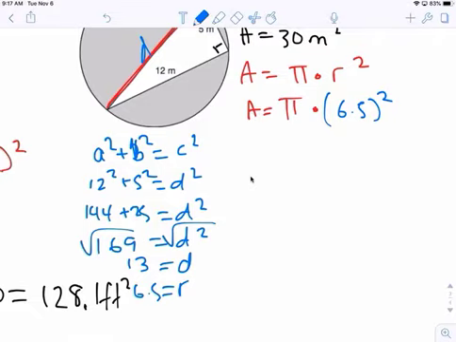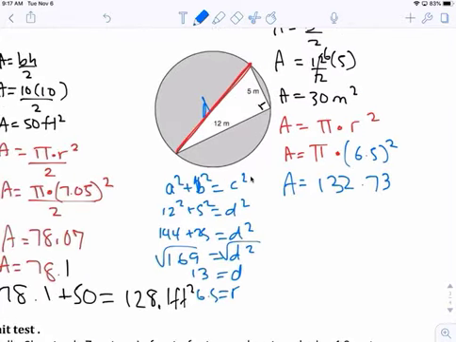Oops, no, second, clear. Pi times 6.5 squared. You get 132.73. Okay, so you add them together. Oh no, you subtract because there's a white spot.